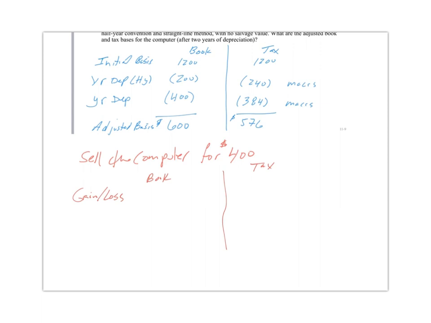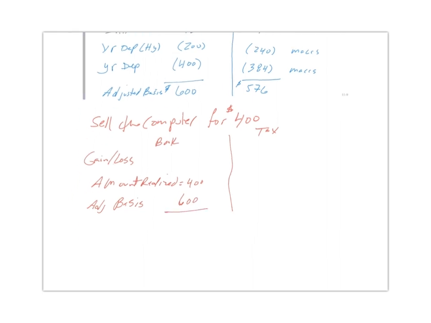So from a book perspective, what was our amount realized? $400. Our adjusted basis is $600. Oops, I gotta move up.